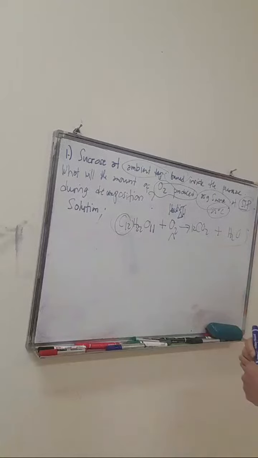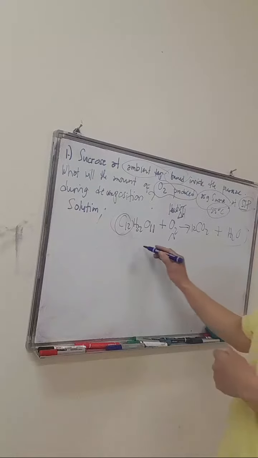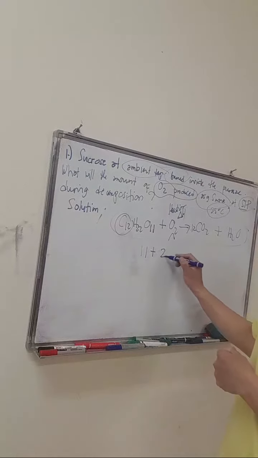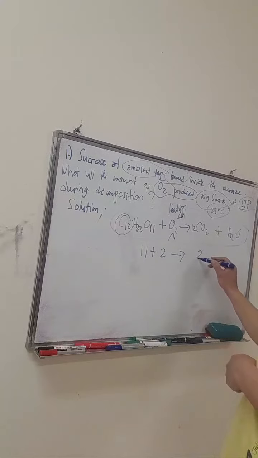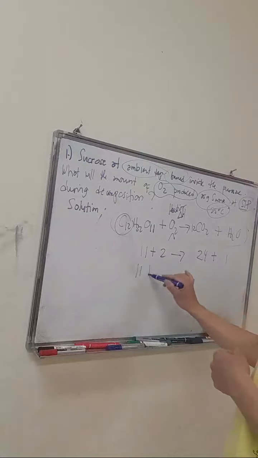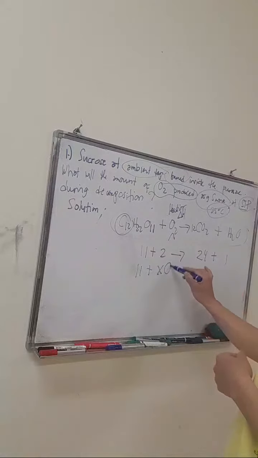So, we start with hydrogen, or oxygen, it depends on us. 11 plus 2 is equals to 24 plus 1. As a deficient on the right side, you will be saying 11 plus X times oxygen gas.